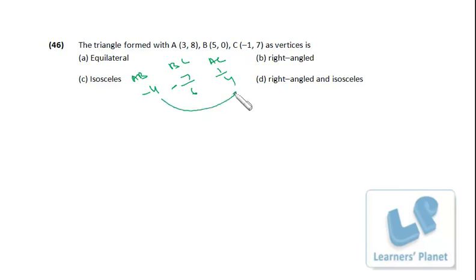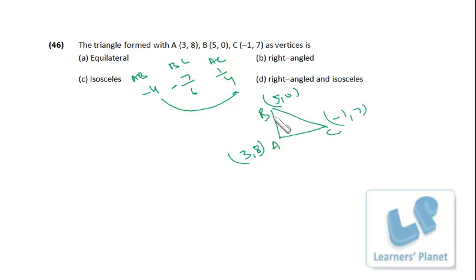You can see the product of these two, AB and AC, is minus 1. That means AB and AC are perpendicular to each other, right? So now it is clear that it is a right angle triangle, but still we have two options, because maybe it is only a right angle triangle or it is a right angle isosceles triangle. So that also we need to find out.